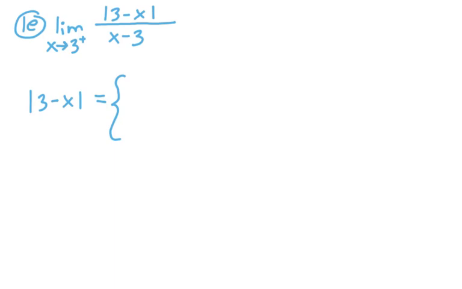I can strip away the absolute value, in other words, I can just write 3 minus x as long as 3 minus x is greater than or equal to 0. But you have to write the opposite of 3 minus x if 3 minus x is less than 0.